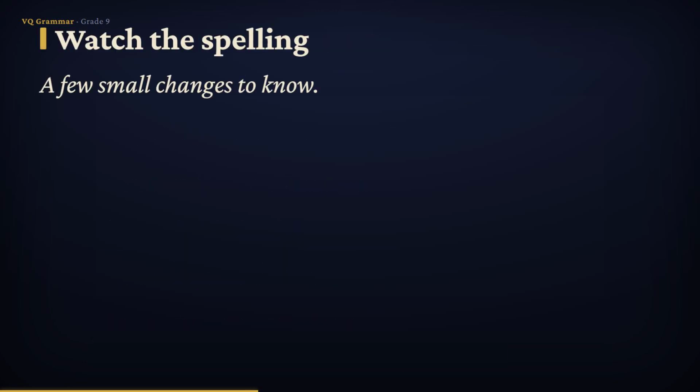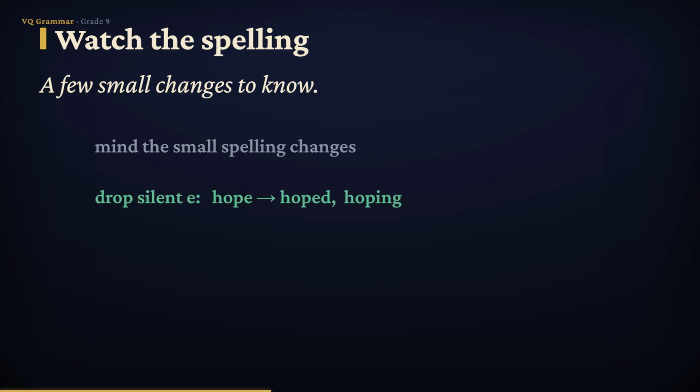Adding ed and ing is usually simple, but keep an eye out for a few small spelling changes. First, when the base ends in a silent e, we drop that e before ing. Hope becomes hoping, and its past is hoped. Second, sometimes we double the final consonant.